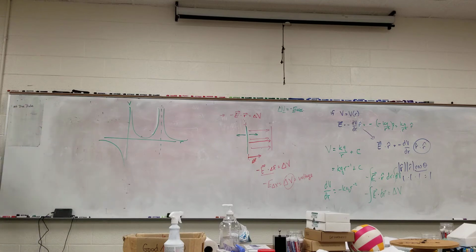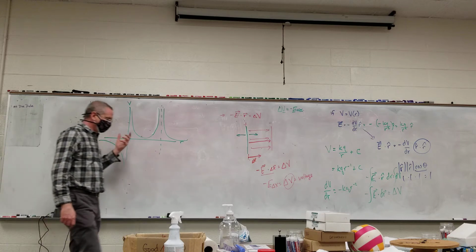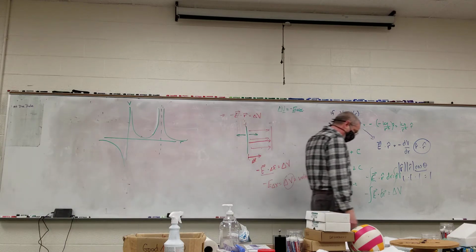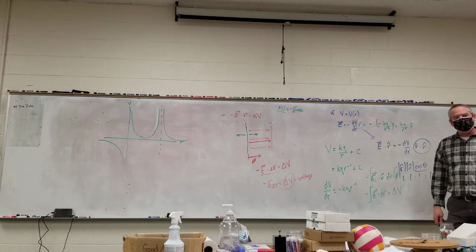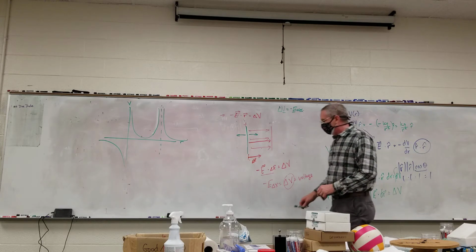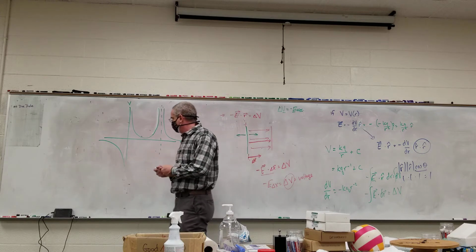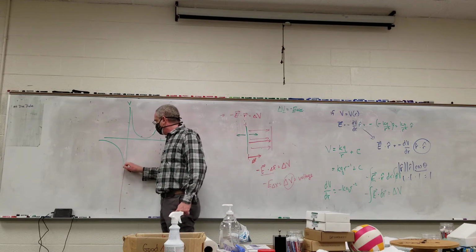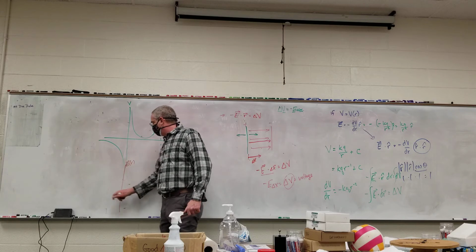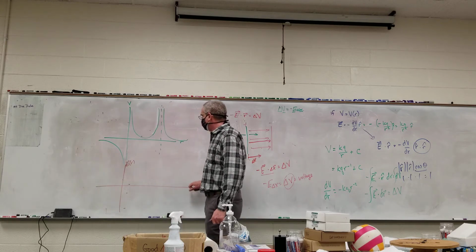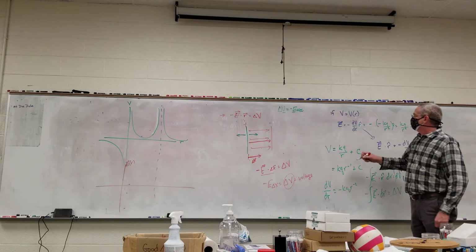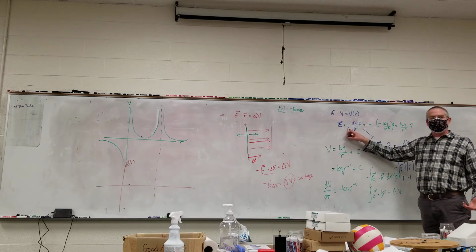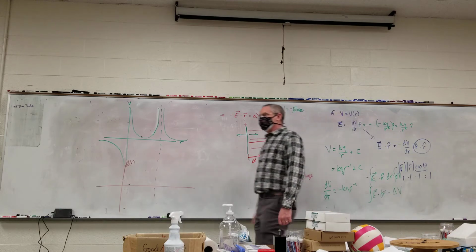So if this is my electric potential, what does my electric field graph look like as a function of R? Well, basically it's the negative slope, so we do it bit by bit.